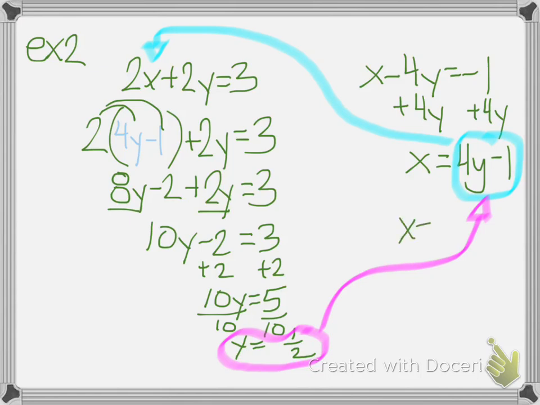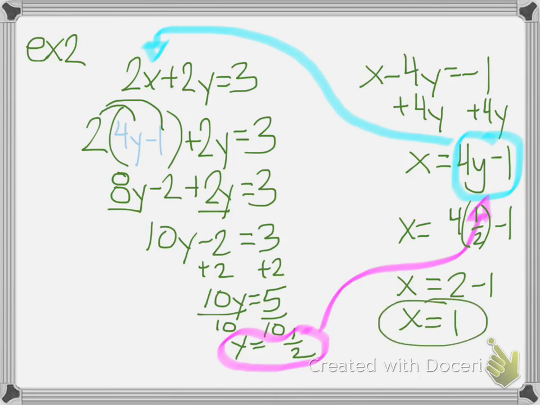So I see x equals 4 times 1/2 minus 1. So half of 4 is 2. X must be 1. So the solution set here is 1, comma, 1/2.